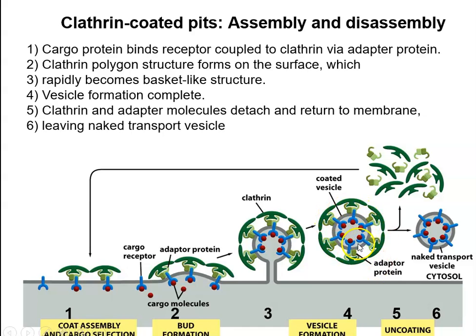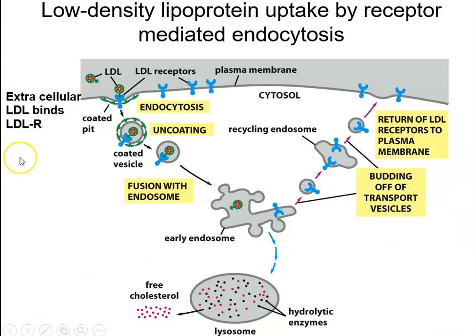Pretty soon after that forms, the Clathrin and the adapter proteins recycle back to the plasma membrane, and we have a naked transport vesicle which can then be moved to a different part of the cell within the vesicle bound system. So this is just shown in more detail and also showing the destination of these vesicles. So here's your LDL, the low density lipoprotein, that binds the low density lipoprotein receptor.